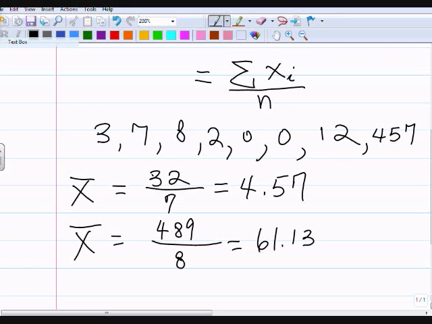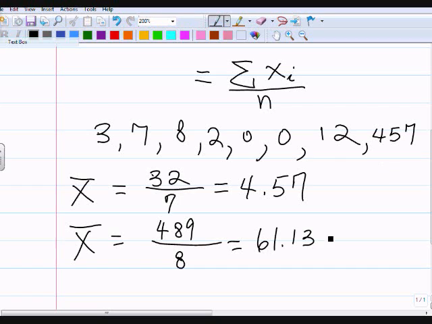Okay, so is this 61.13 a typical number for this data set now that I've added the 457? When I calculated that 4.57, that was a fairly central number to my data.